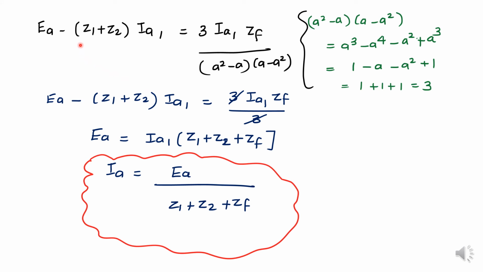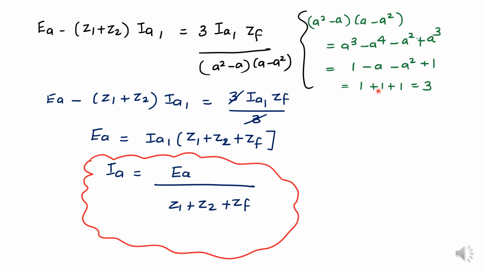I am going to find the value of IA1. So EA minus Z1 plus Z2 into IA1 equals 3 into IA1 into ZF divided by A square minus A into A minus A square. So I have to expand this term: A cube minus A power 4 minus A square plus A cube. A cube equals 1. A power 4 is A cube into A, so A. So 1 minus A minus A square plus 1. 1 plus 1 minus A minus A square, and 1 plus A plus A square equals 0, so A plus A square equals minus 1.